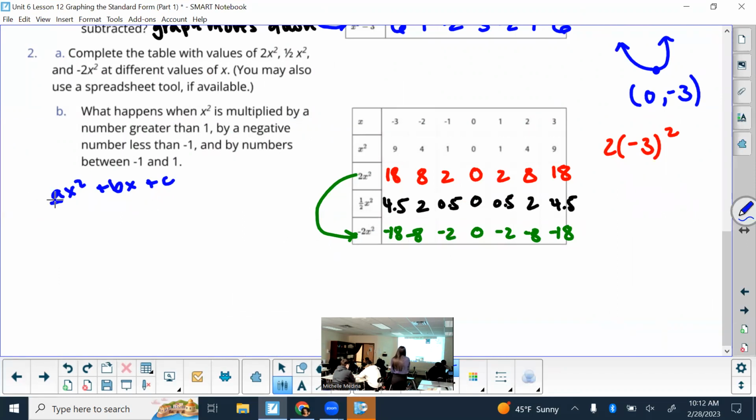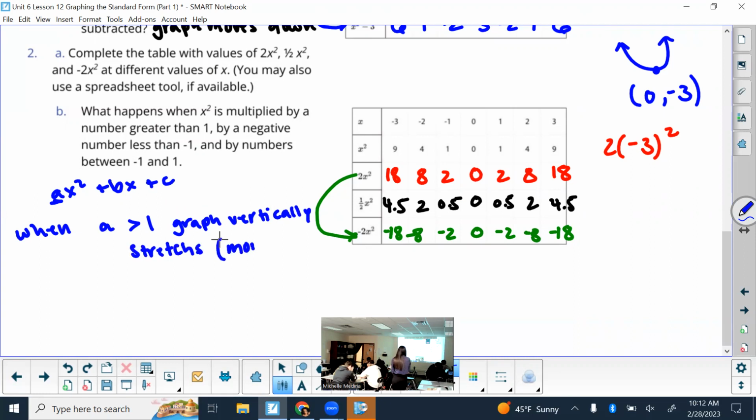The A. So you can summarize it as when A is greater than 1, the graph vertically stretches. And then in parentheses, I'm going to put more narrow because I think that's more friendly terms. But if it says vertically stretched, it means more narrow.